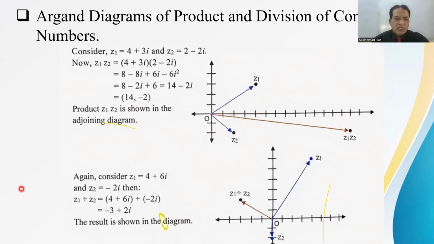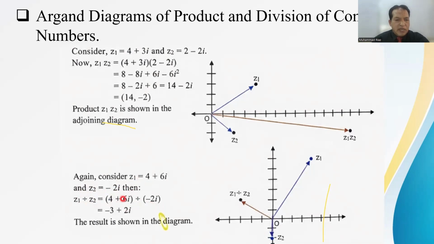Now students, again we will consider z1 and z2, two complex numbers: 4 plus 6 iota and minus 2 iota. Then we will find the division z1 divided by z2, the first complex number 4 plus 6 iota divided by minus 2 iota.